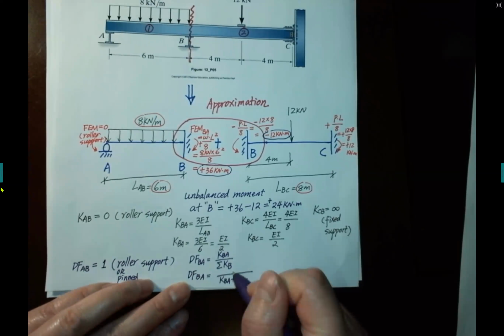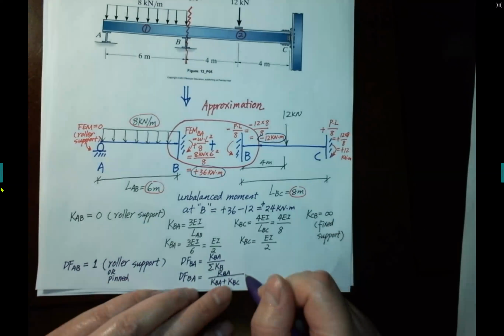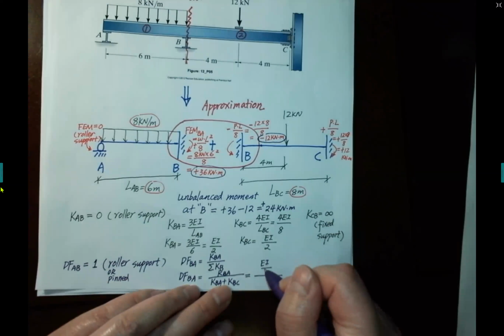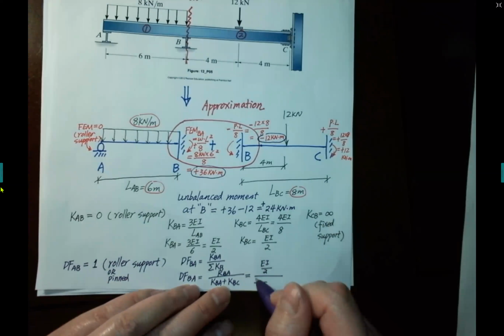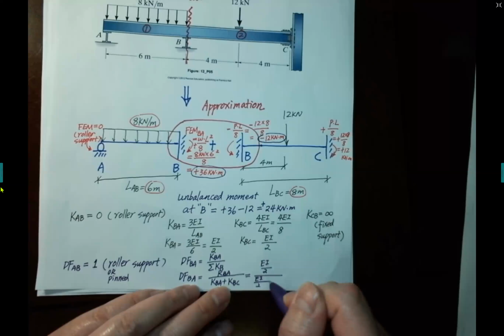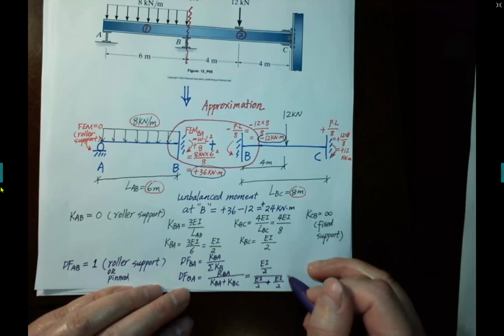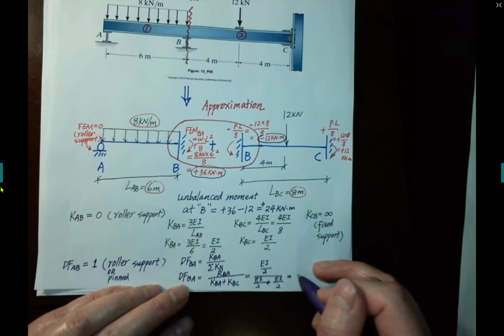That's the total stiffness at B. Then we get EI over 2 over EI over 2 plus EI over 2, and get distribution factor equals 1/2.